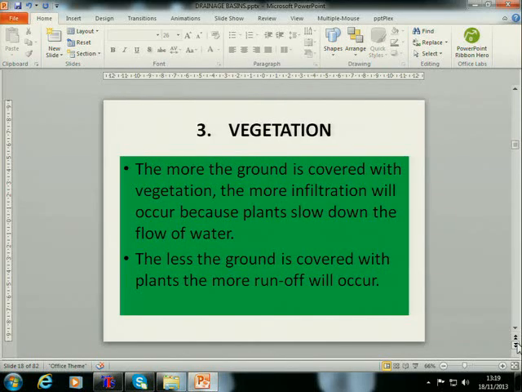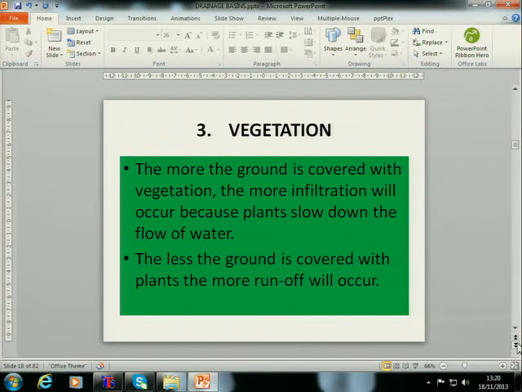Then the next factor is vegetation. Now, this we know for the past few question papers always contained something about vegetation and runoff. The more the ground is covered with vegetation, the more infiltration, in other words, the more groundwater will form.